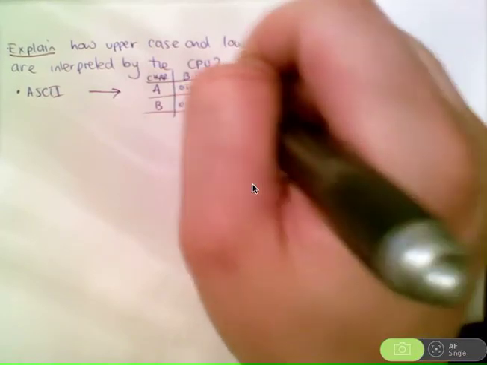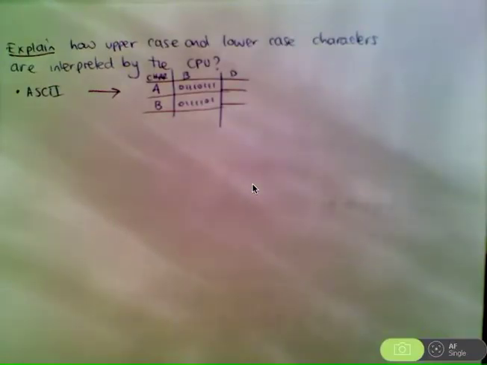And obviously we know that binary would also have a decimal equivalent.